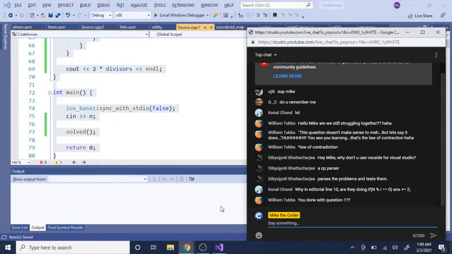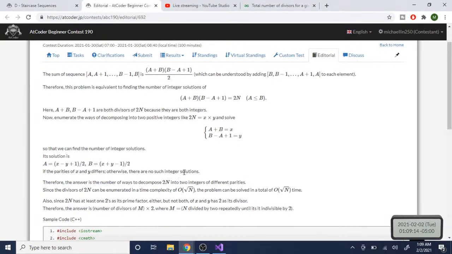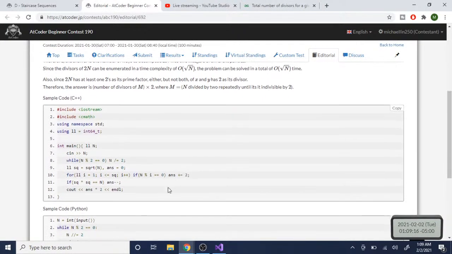Why in the editorial are they doing n mod by I equals 0 plus 2? That's the thing that I don't understand. How does this find the number of divisors? Okay, wait, okay. Let's think.